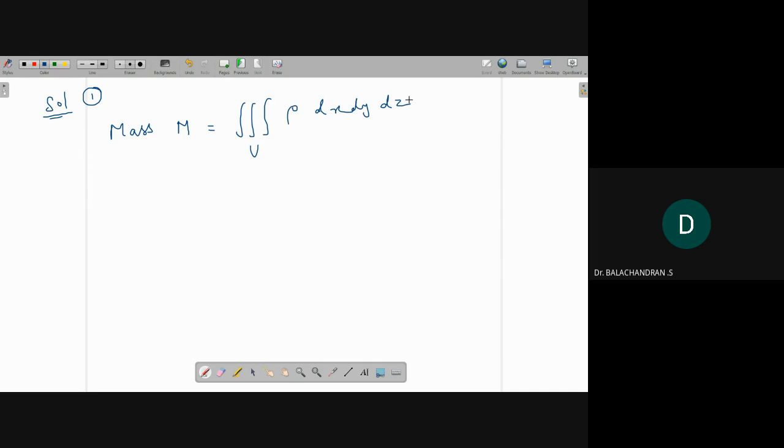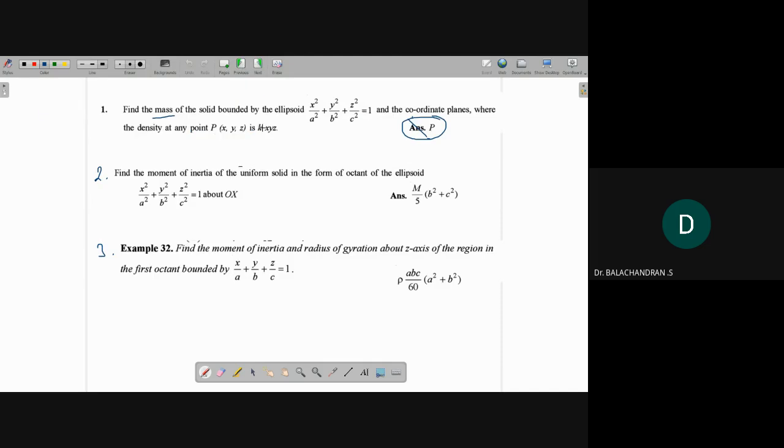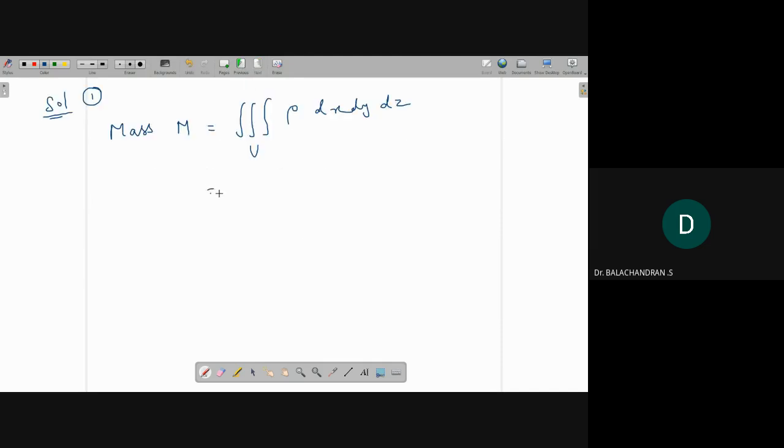Now what is rho? It is given in the question. Rho is kxyz. So k integral of xyz over V dx dy dz. So it is better to take the substitution.